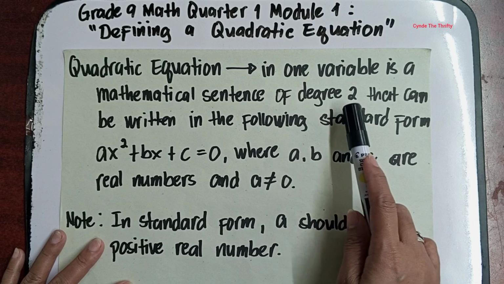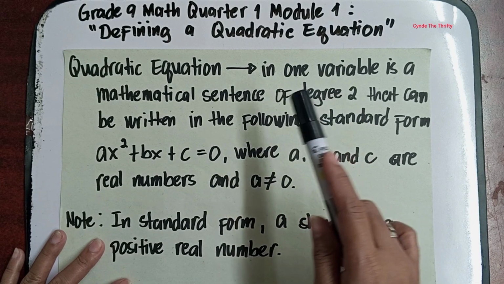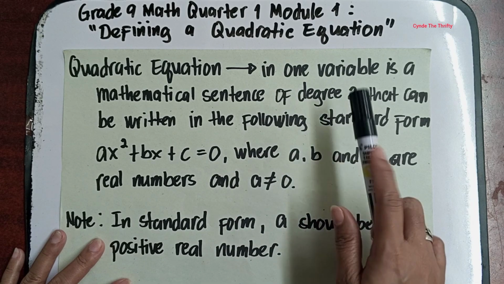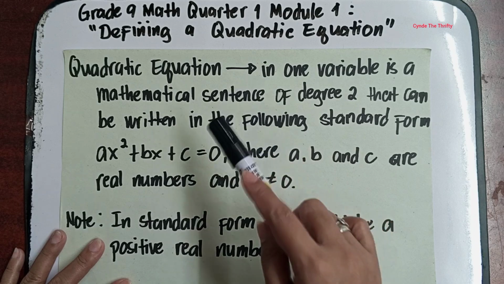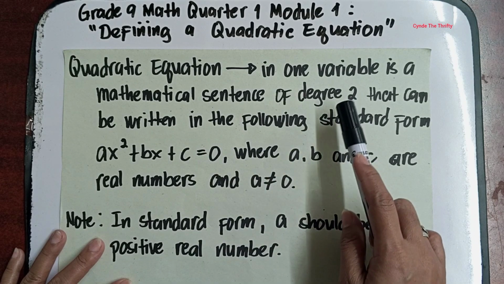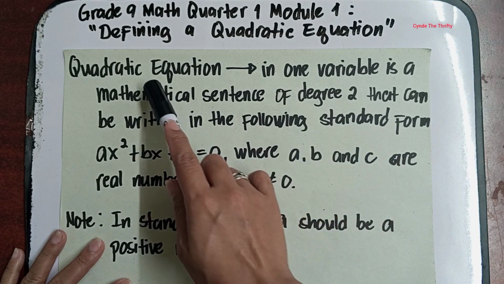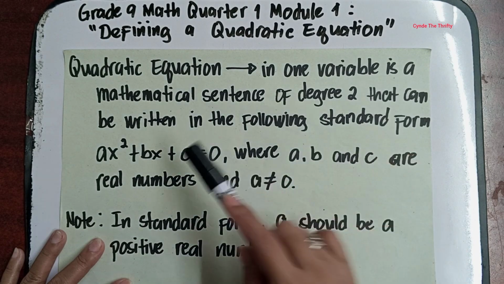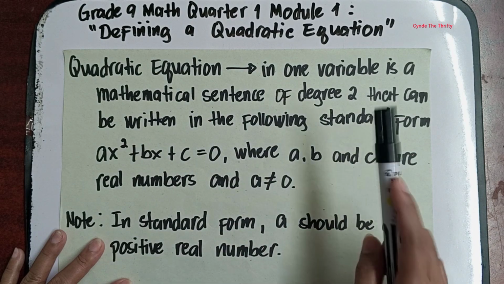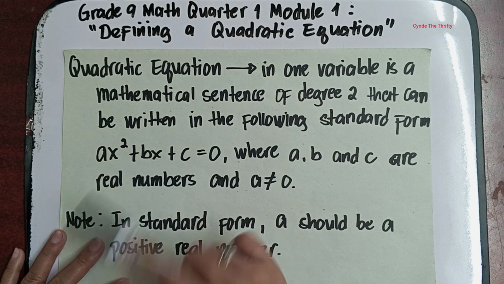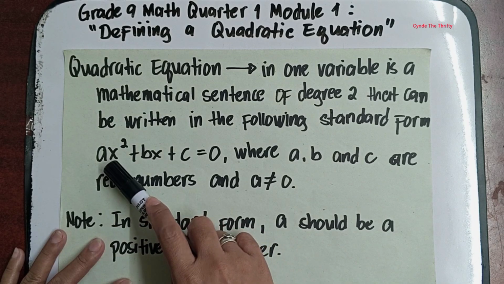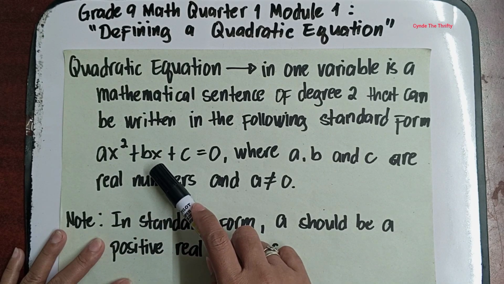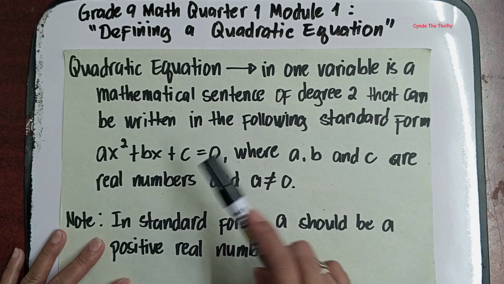Of degree 2. Okay, so ang exponent niya is nasa 2. Wala sa 1, hindi sa 3, sa 4. 2 ang kanyang degree of exponent para matawag mo siya as quadratic equation. Okay, so that can be written in the following standard form. So ang standard form ng quadratic equation is ax squared plus bx plus c is equal to 0.